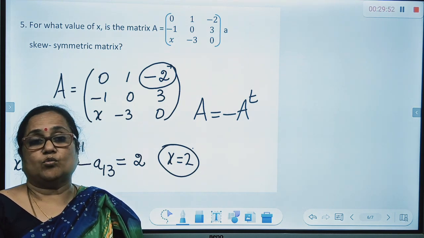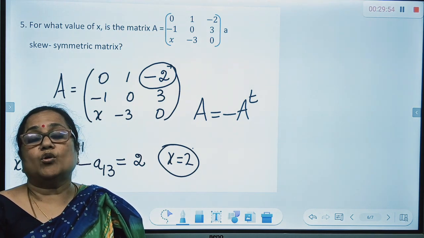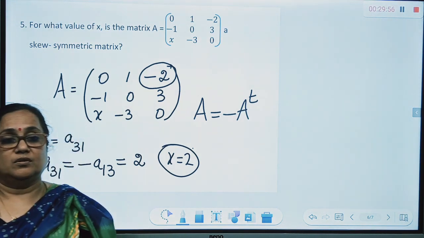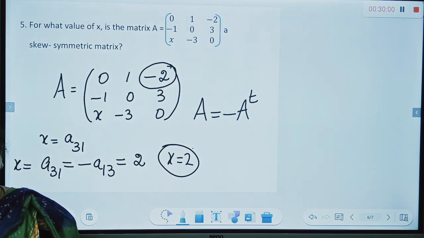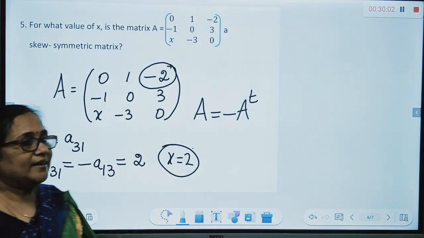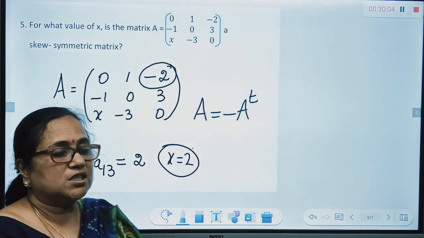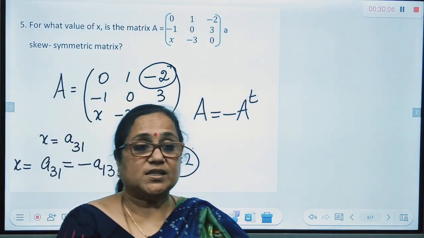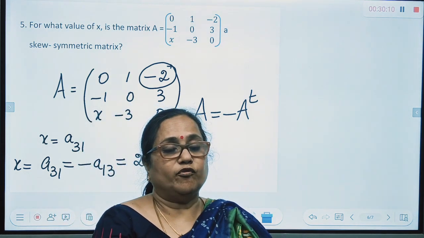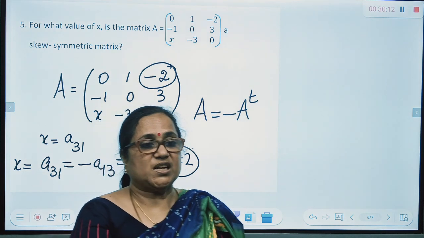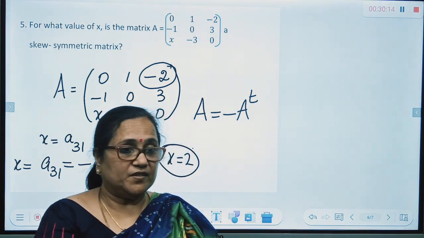A11 is minus A11. When can that be true? Only if A11 is 0. So, all the diagonal elements of a skew symmetric matrix are 0. So, please internalize all these new concepts. Please come up with your own examples. Go through the video again and again until you are able to follow every step and every property that we have discussed today.